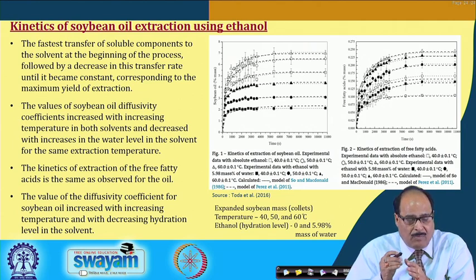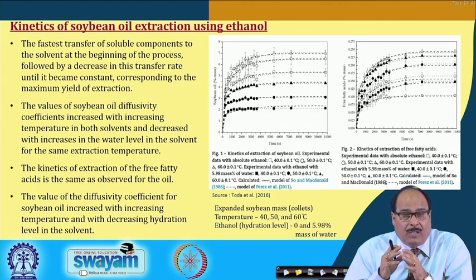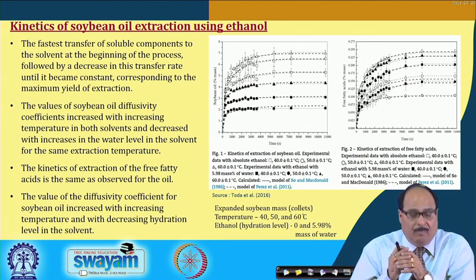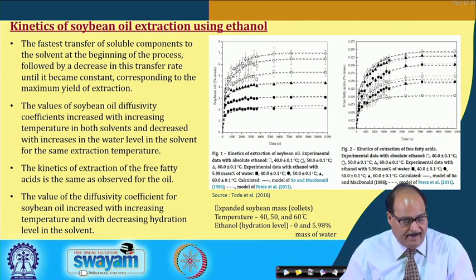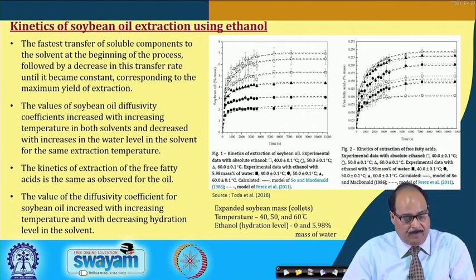The values of the soybean oil diffusibility coefficient increased with increasing temperature in both solvents, and decreased with increases in the water level in the solvent for the same extraction temperature.